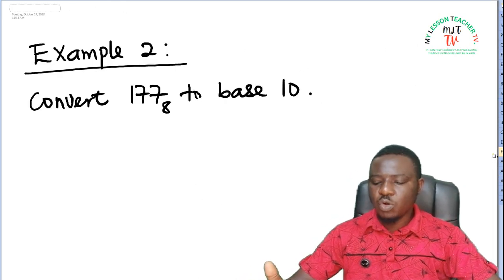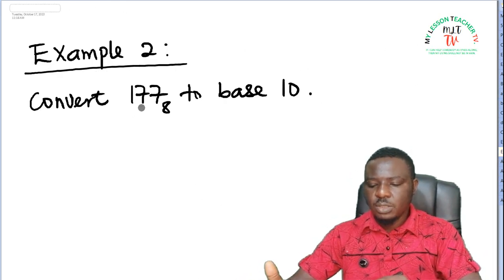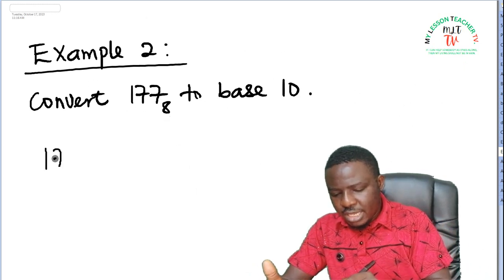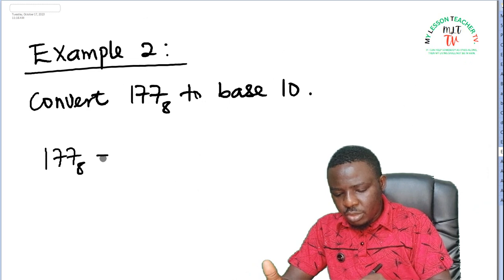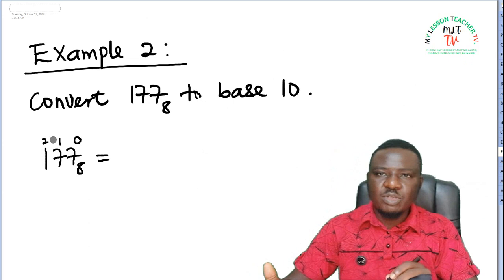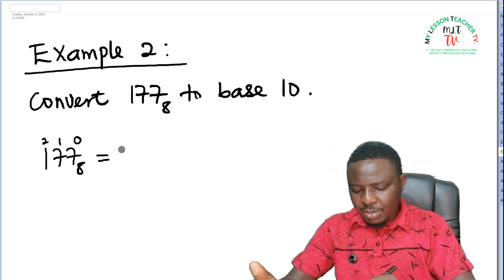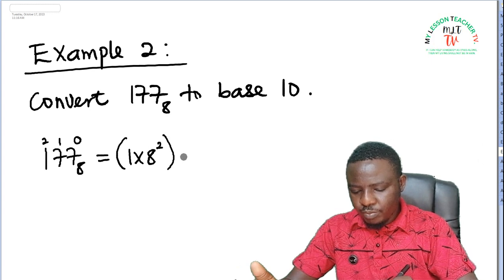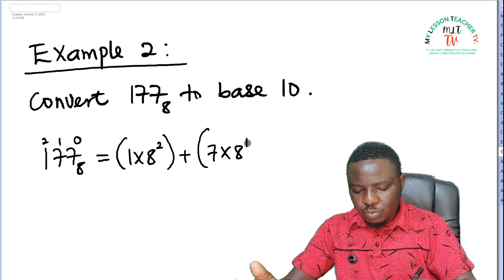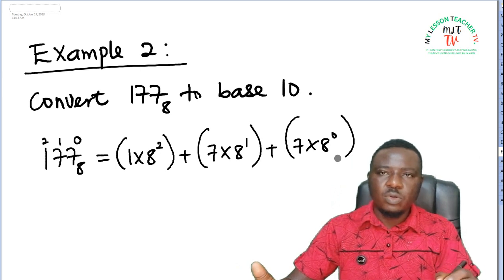In example 2, we have to convert 177 base 8 to base 10. You use the expansion method. This is raised to power 0, 1, and 2 in terms of their place values, so that this can be written as 1 times 8 to power 2 plus 7 times 8 to power 1 plus 7 times 8 to power 0.